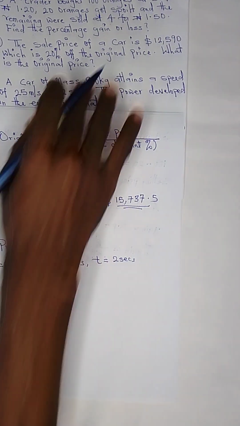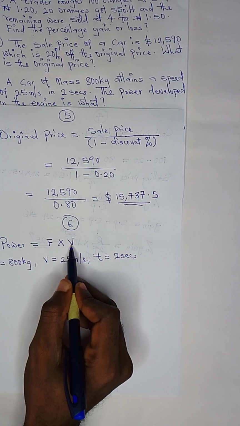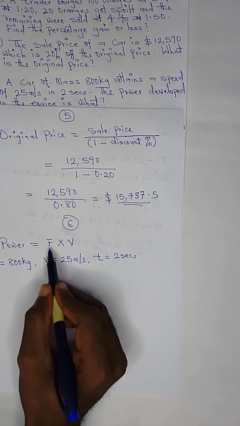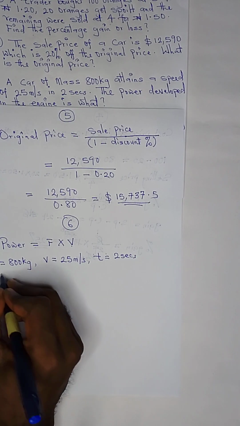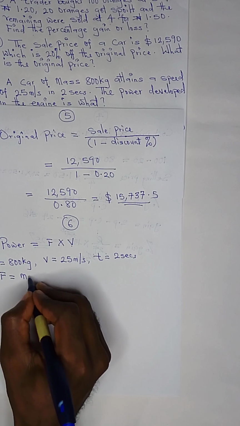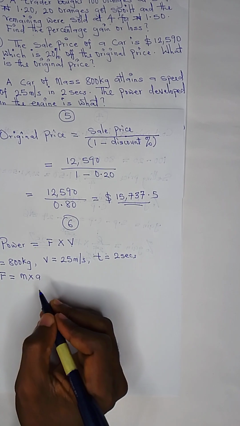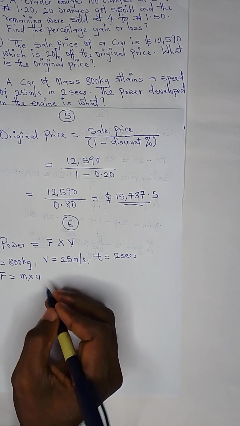We know velocity here, which is 25, but we do not have force in that question, so we need to calculate force. According to Newton's second law of motion, force is equal to mass times acceleration.